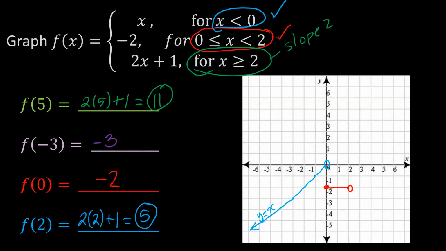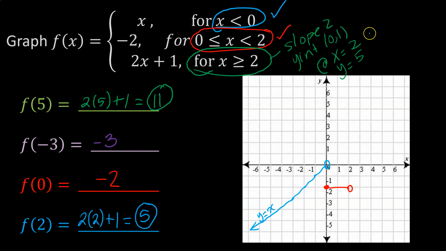Well, instead of using the y-intercept, which is at 0, 1, that's going to belong to the red part. So we're not going to go there. We're going to go where our starting point is, which is at x equal to 2. When x is equal to 2, y is 5.